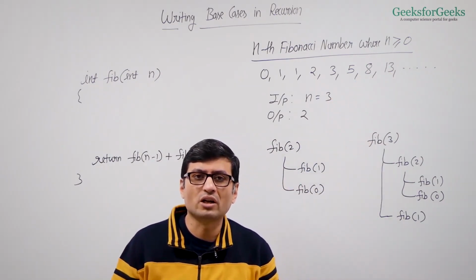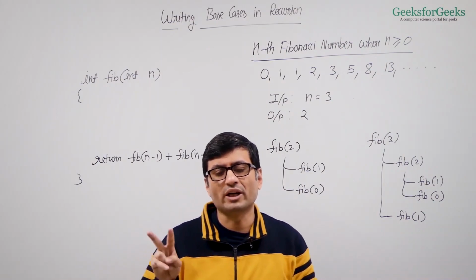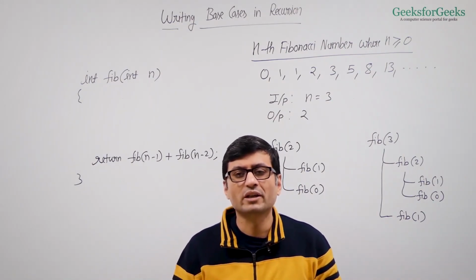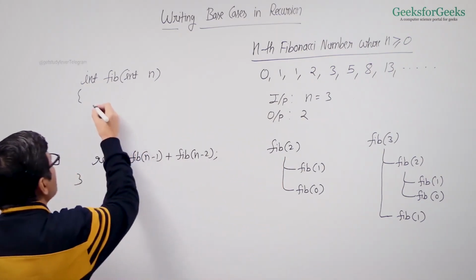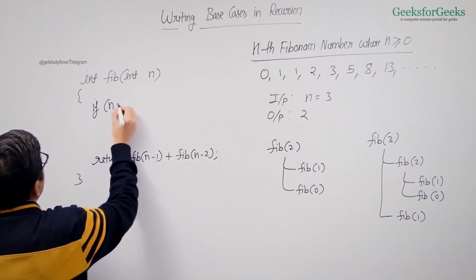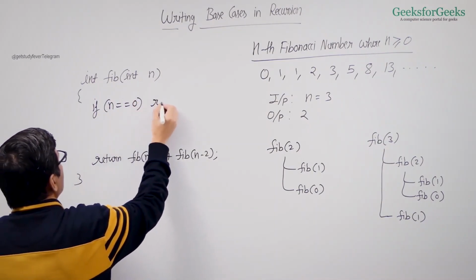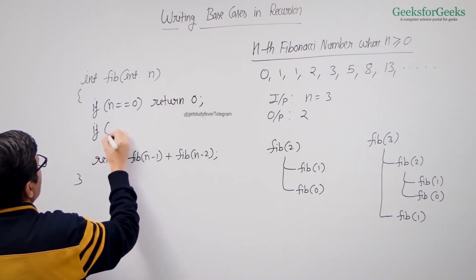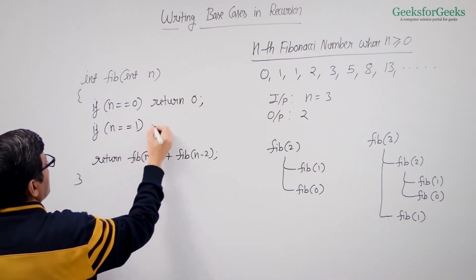So we need to handle two base cases here. We need to handle n equal to 0 and we need to handle n equal to 1, right? So we write our base case as if n is equal to 0, then return 0. If n is equal to 1, then return 1.